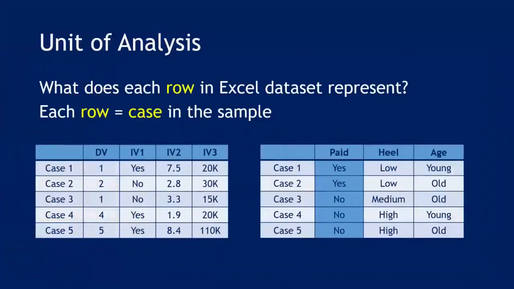The idea is that your data set is always rows and columns, and your rows represent these cases, and the nature of these cases is basically your unit of analysis. You want to make sure that your analysis is structured at a uniform level. So you don't want to have some cases that are customers and some cases that are companies, because then you're mixing different kinds of units of analysis.